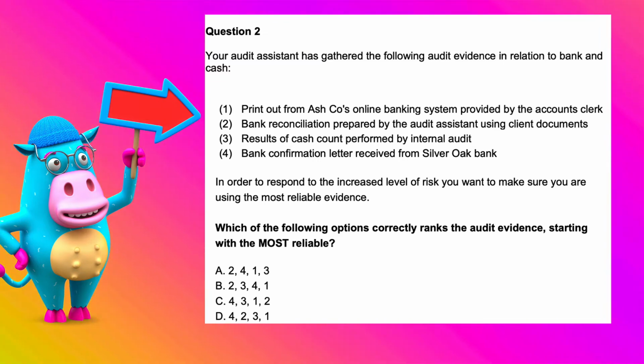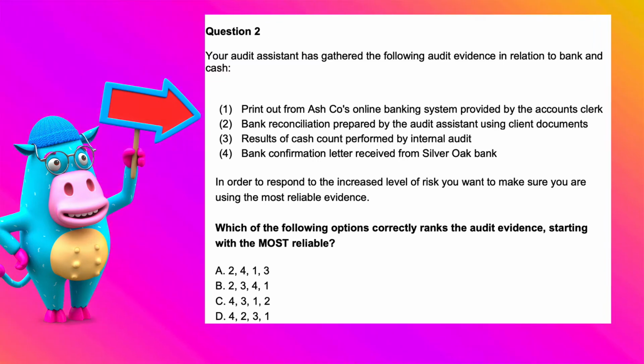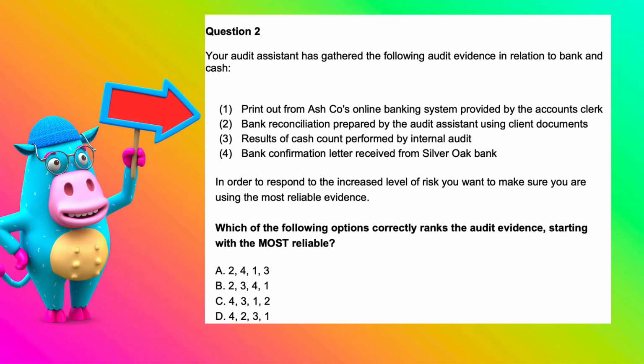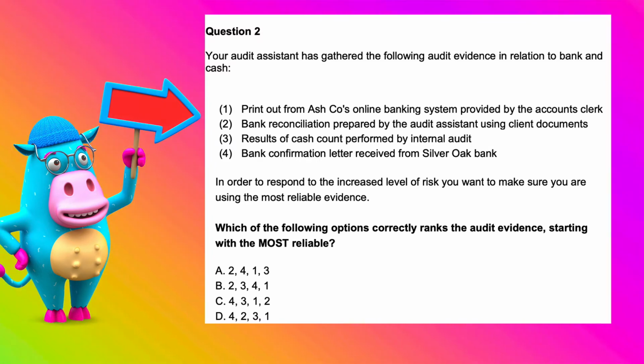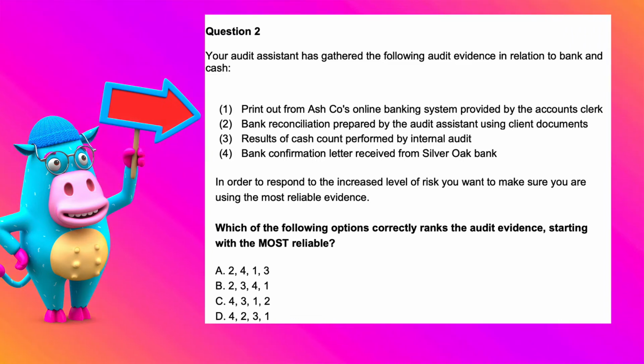The results of a cash count prepared by internal audit. Well, it's not as good as coming from us, but it should be good as long as there's good controls. And number four, a bank confirmation letter received from the bank. External, independent. Number four is the most reliable. The next most reliable out of all those then, I would probably say, is the work done by us.